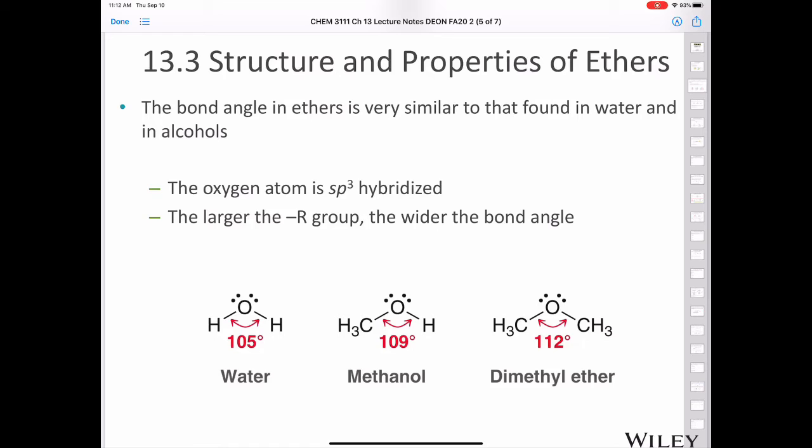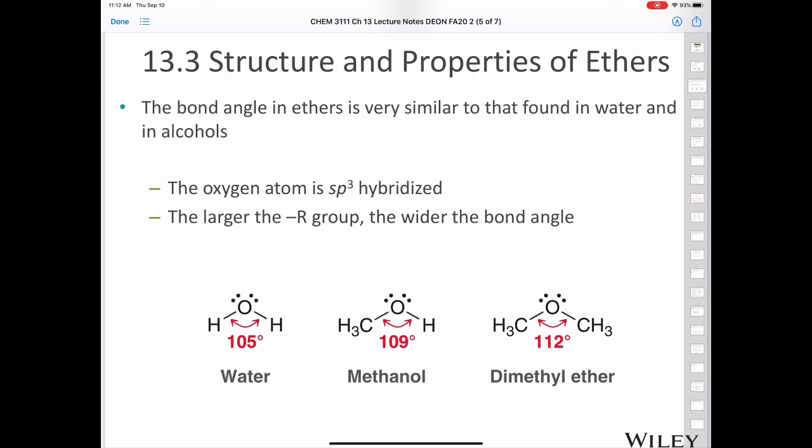What about the structure and property of ethers? It says here that the bond angle in ethers is very similar to that found in water and in alcohols. So it must be close to the tetrahedral bond angle, which is 109.5. Also, you should be aware that the oxygen of an ether is sp3 hybridized, and hybridization is something that we looked at in general chemistry as well as the first chapter of Organic Chemistry 1.